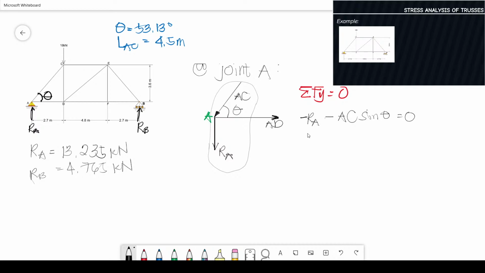Then, so we have our RA is, substitute lang ha, value is, I know, this is upward pala. This is plus upward, kaya pala. So this is positive. Okay. 13.235. Okay. 13.235 kilonewton minus AC sine 53.13 degree.